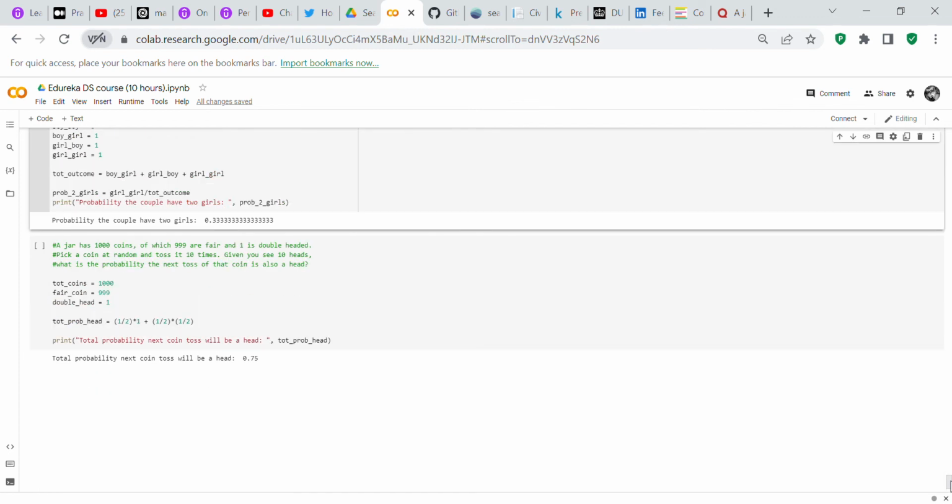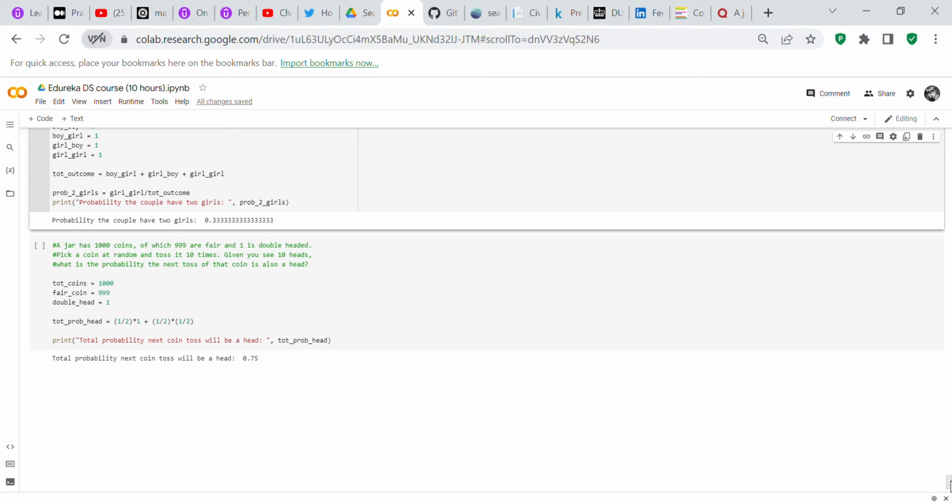The next one is, a jar has 1,000 coins, of which 999 are fair and 1 is double-headed. Pick a coin at random and toss it 10 times. Given you see 10 heads, what is the probability the next toss of that coin is also a head?